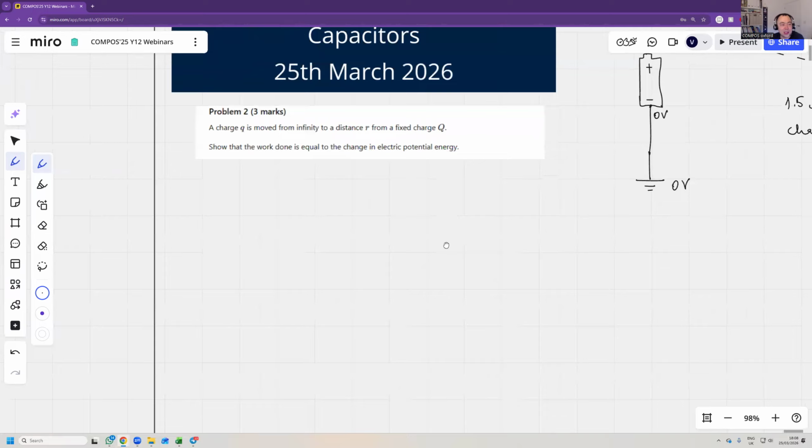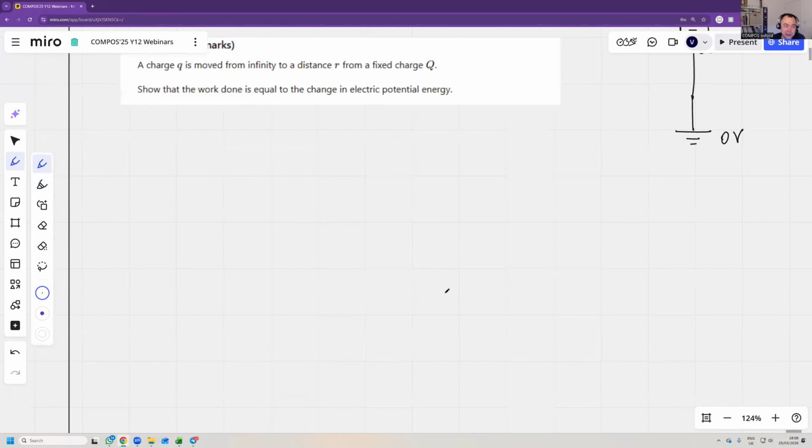Okay. A charge q is moved from infinity to a distance r from a fixed charge. So there's a fixed charge Q, and point P is a distance r away.